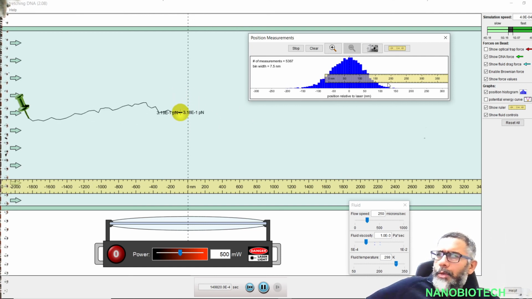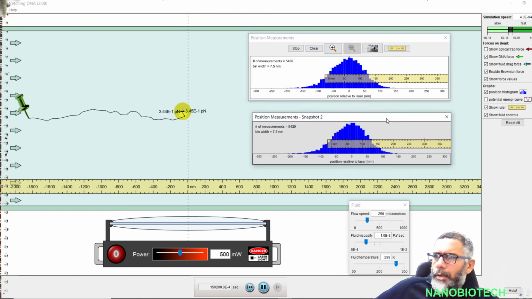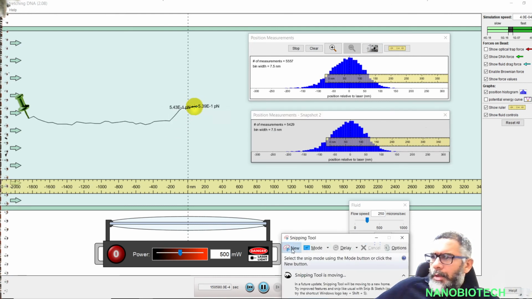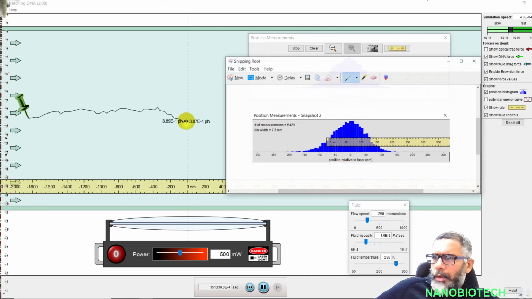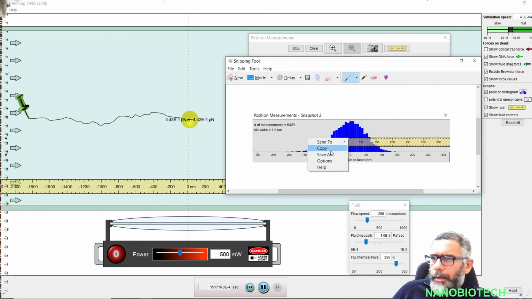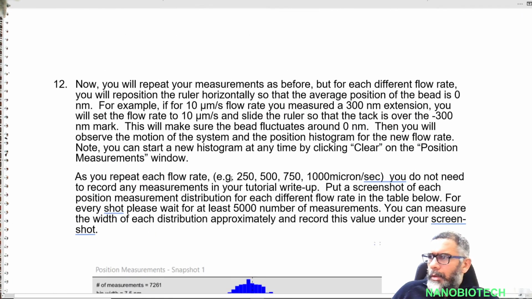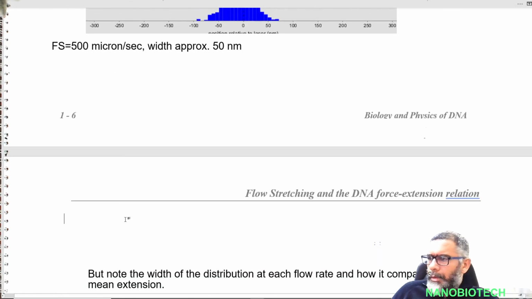So what you do next is take a snapshot using the screenshot tool on your computer, copy it, and put it below this number 12.